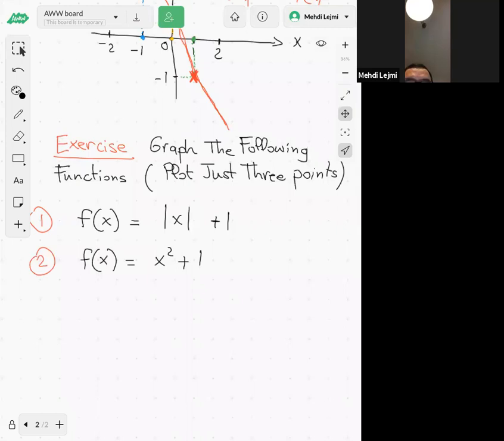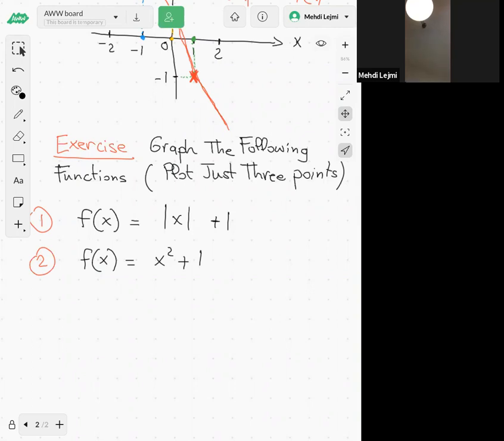Just to remind you guys, the absolute value of any number is always positive or 0. So absolute value of 0 is just 0. If you have the absolute value of a positive number, then the answer would be the same number. And if you have the absolute value of a negative number, then you have to take the opposite.